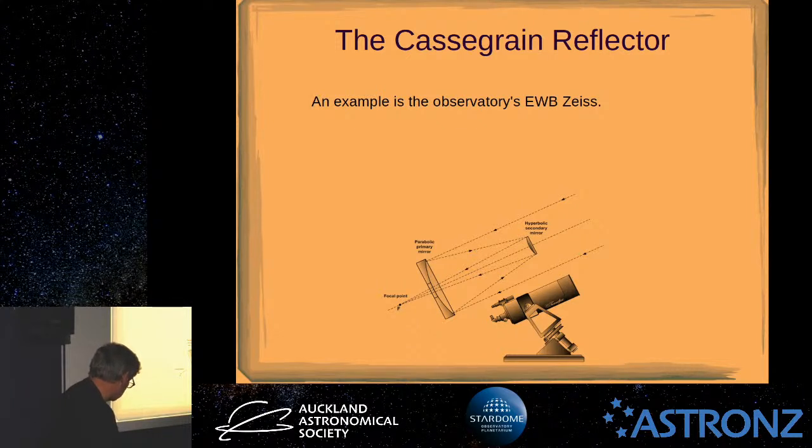For that to work, you have to have a hole in the main mirror, and that's how the Cassegrain works. The Zeiss upstairs has a 0.5 metre diameter primary, and its effective focal length is 6.6 metres, so quite good as a telephoto lens with a camera on it.